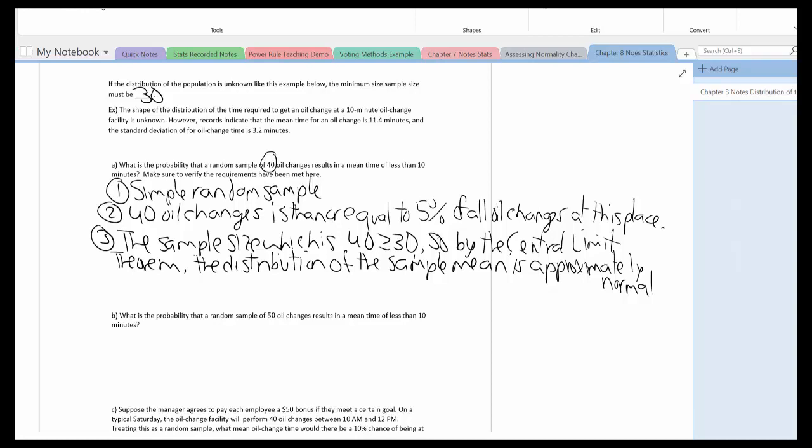Now that I know it's approximately normal, I can use a normal CDF for this problem. Okay, less than 10, so that's x less than 10. In interval notation, that's negative infinity to 10.